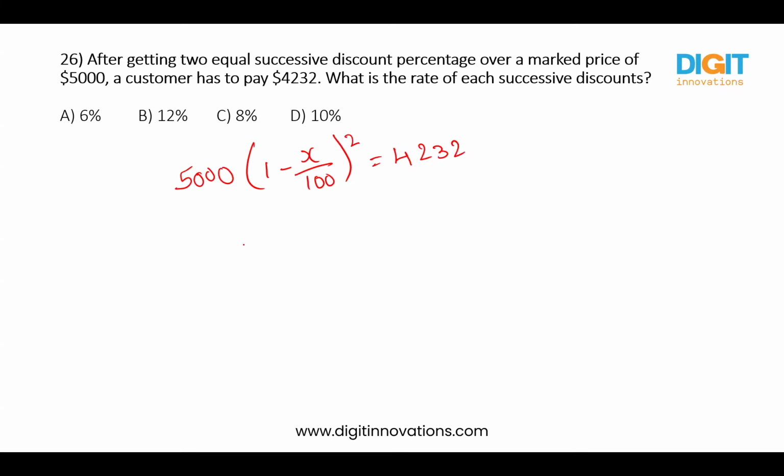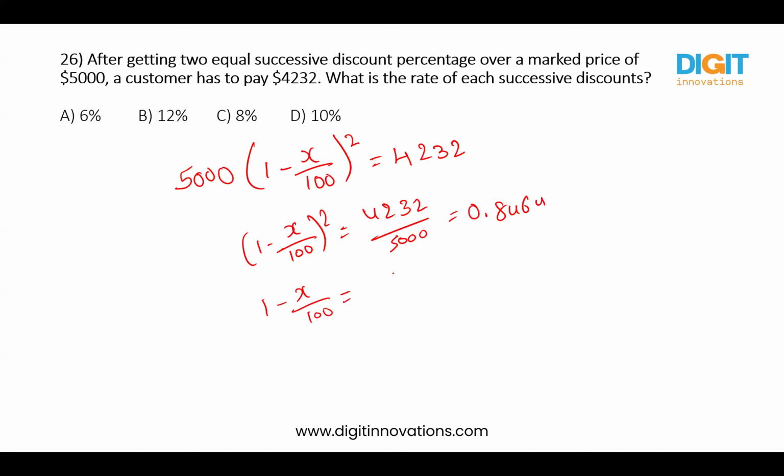Now I'll divide this value 4232 by 5,000, and you get 0.8464. Now I'm taking this square to the other side and it will become a root.